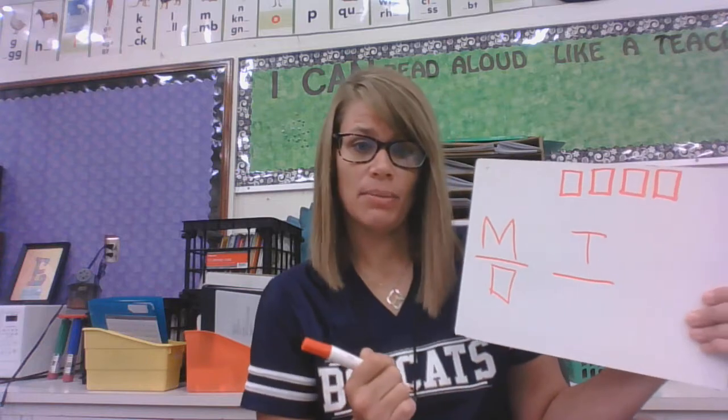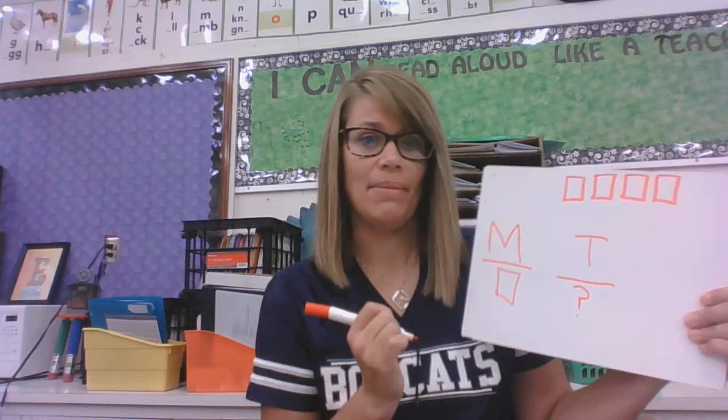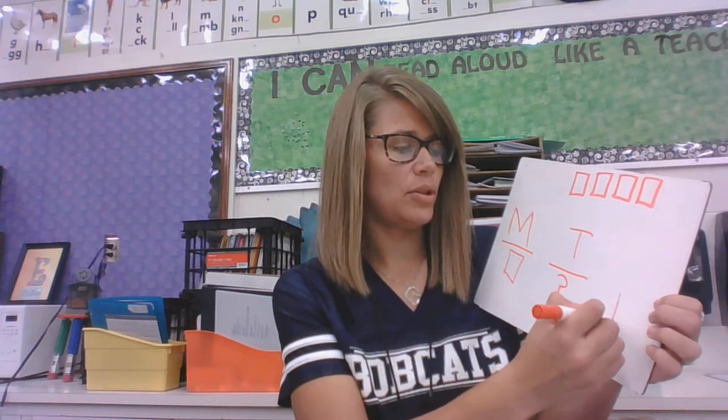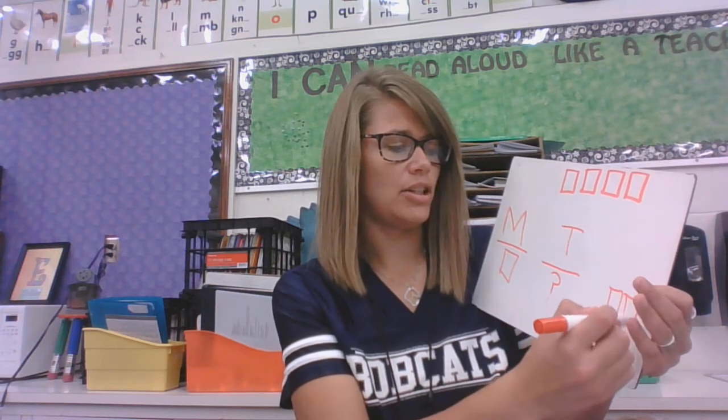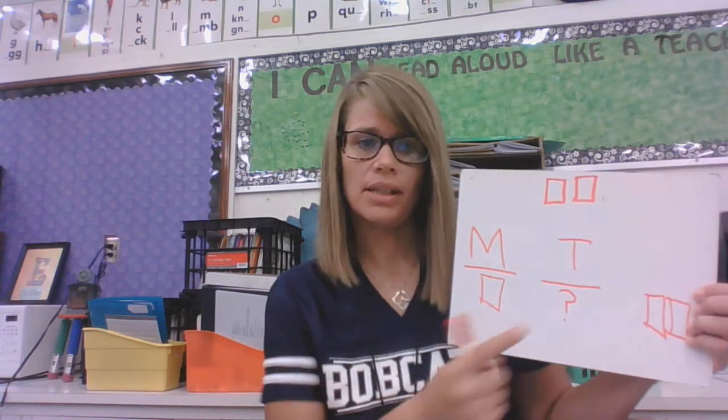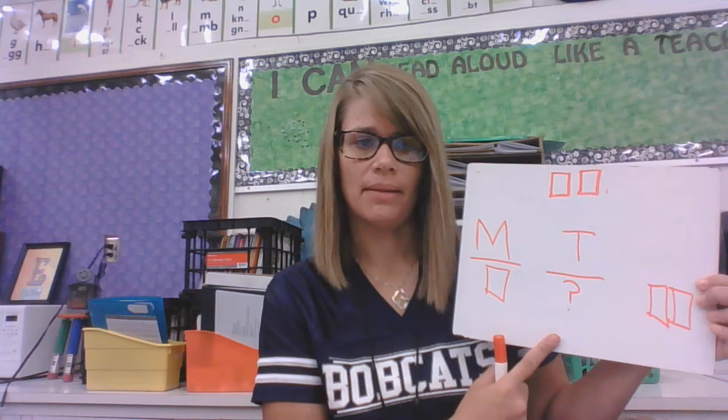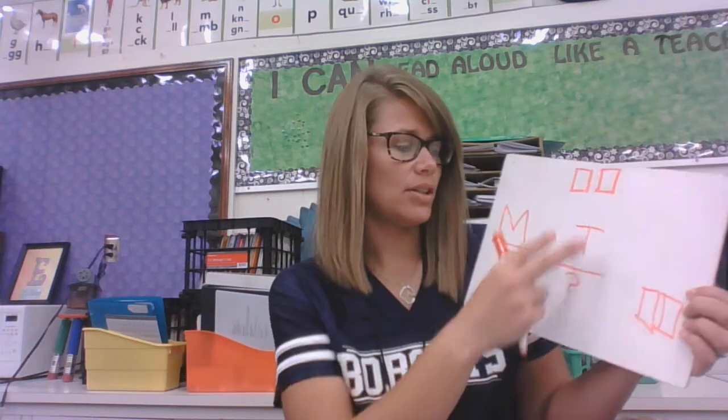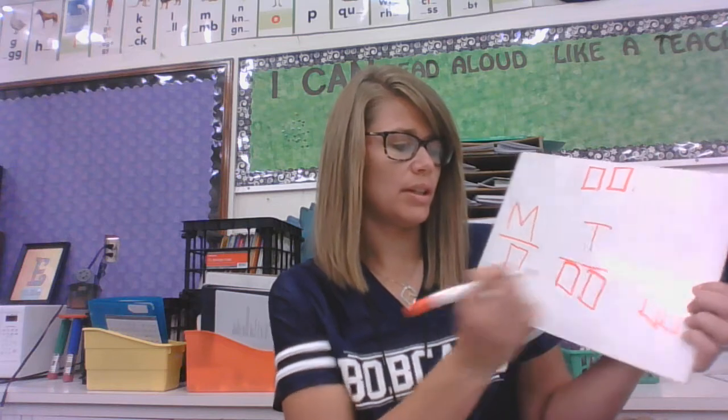On Tuesday, I don't know how many books I took away, but I took away some. That's what you need to figure out. And that left me with 2 books on my shelf. How many books did I take away on Tuesday? Well, the answer is 2 because I had 2 left up on top. So I took away 2 books on Tuesday.